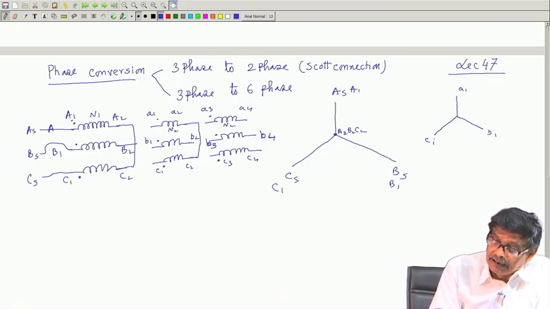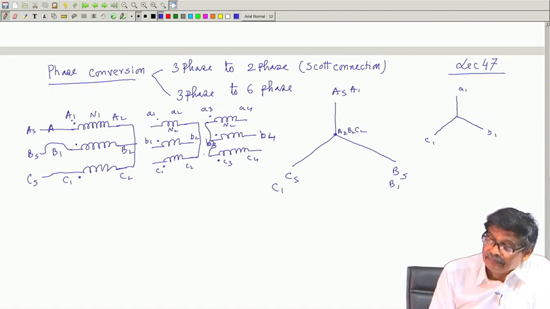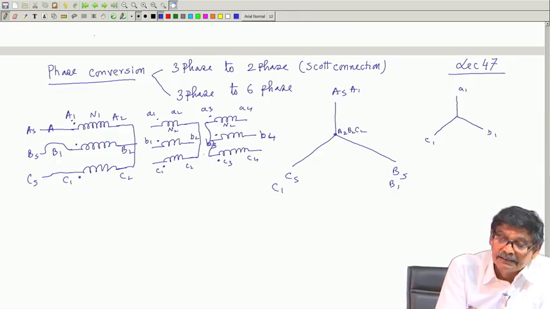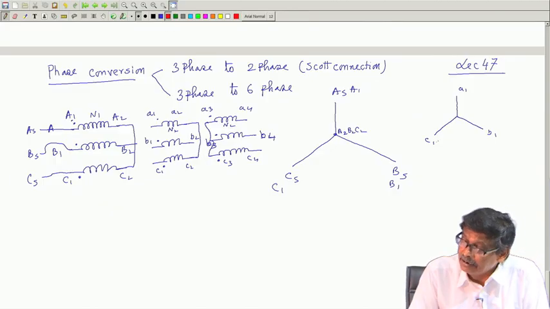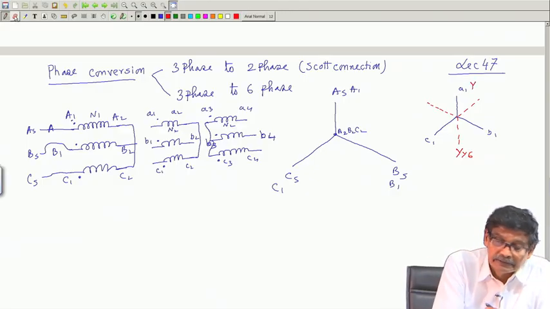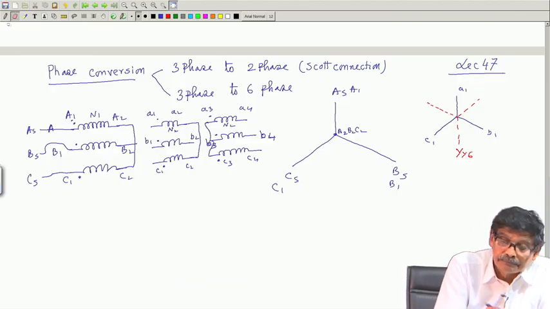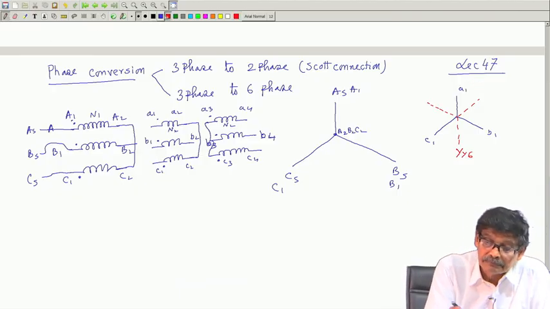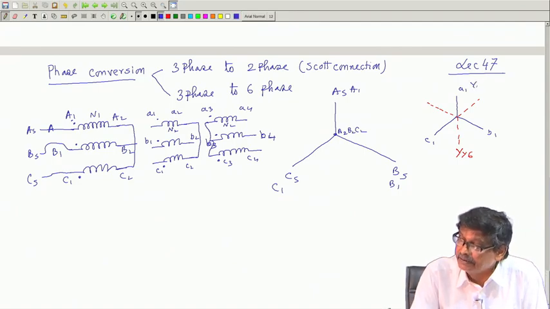The other group you also connect in star, but this time you join the dot terminals A 3, B 3, C 3, and its phasor diagram will come out to be this one, Y by 6. The primary is Y, this is Y by 0.